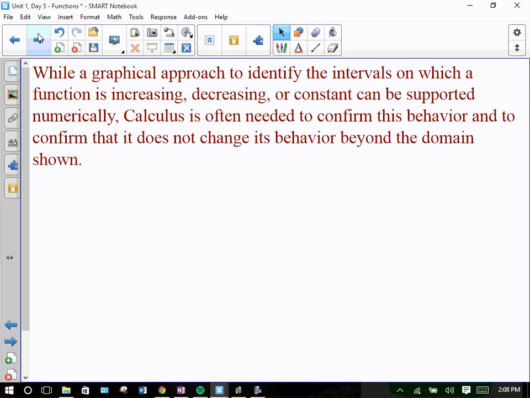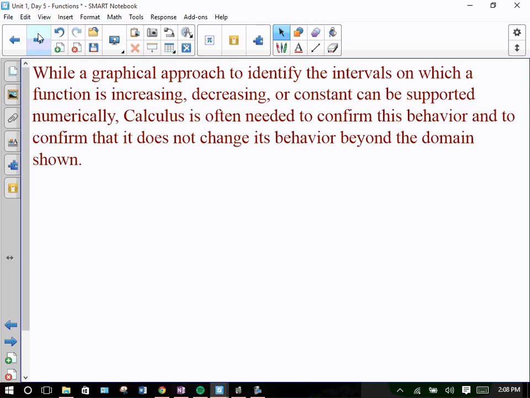This is just a little tidbit. Typically you're only going to be able to figure out when a function is increasing, decreasing, or constant when you have a graph. If you don't have a graph, you guys are probably SOL, that means out of luck.